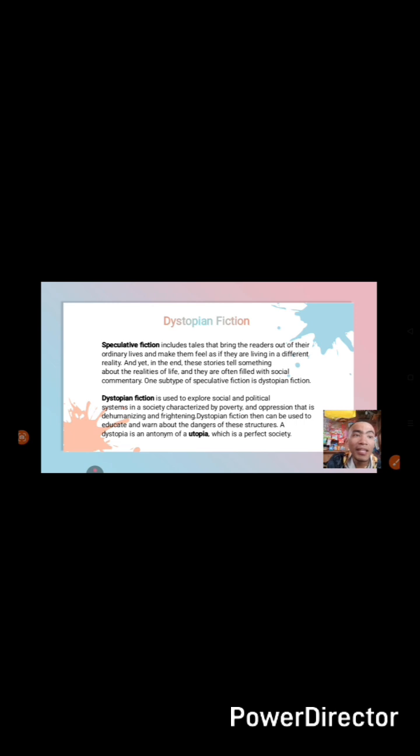Dystopian fiction can then be used to educate and warn about the danger of these structures. A dystopia is an antonym of a utopia, which is a perfect society.